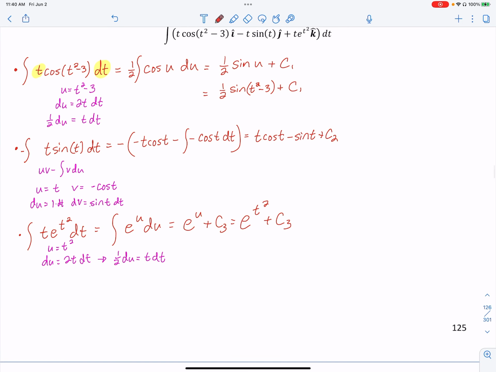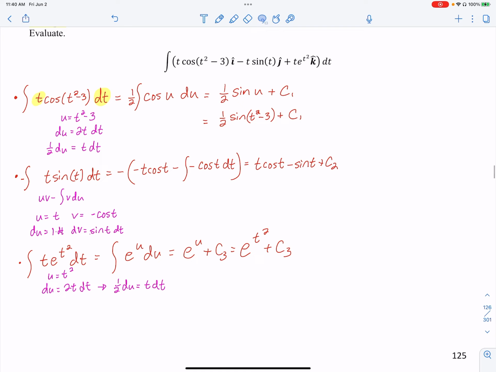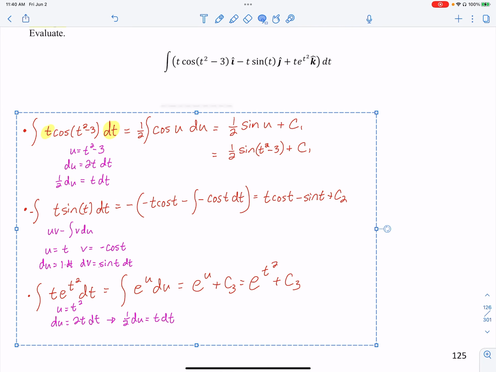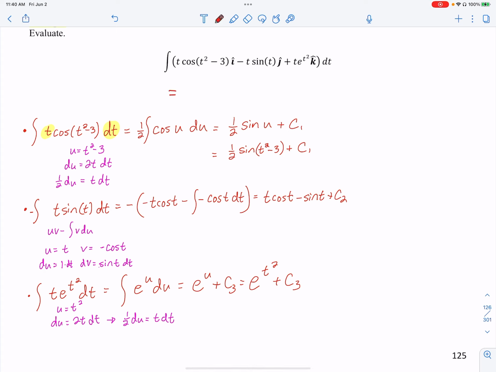The integral is equal to, okay, we get the i component, so I'm going to put that whole thing in parentheses. Oh, we can replace our u, I forgot, minus 3 plus c1 i.